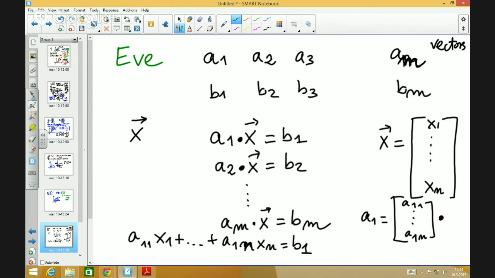Would it be a good idea to send out vectors so that this system of equations has only one solution? If this system has only one solution, how difficult would it be for Eve to guess the password? Would she need to guess the password? No, she would just need to solve the system of equations. Out comes one solution, that's the password.